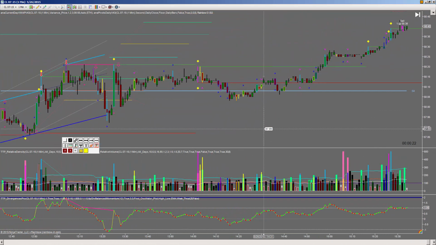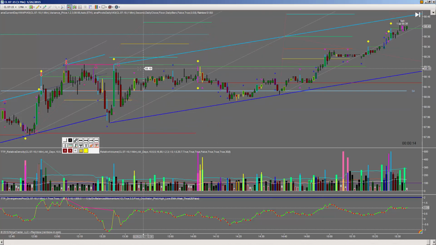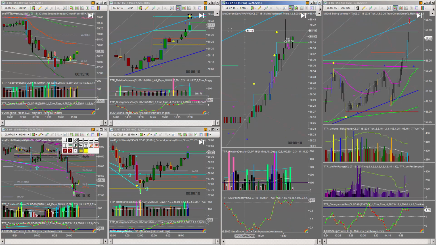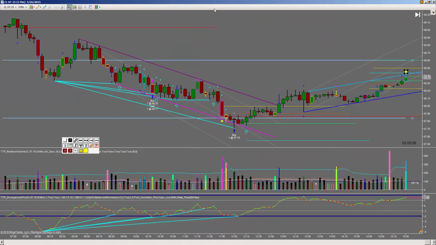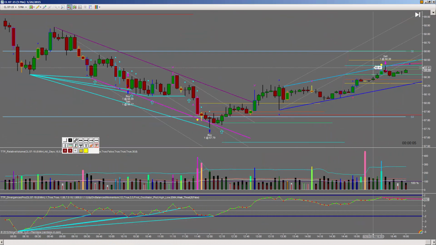So now for the C wave up, I would be looking from this low to this low, back to this high, and then getting up to the top of the channel. It looks a lot better on the 5 minute, which you can see right here.